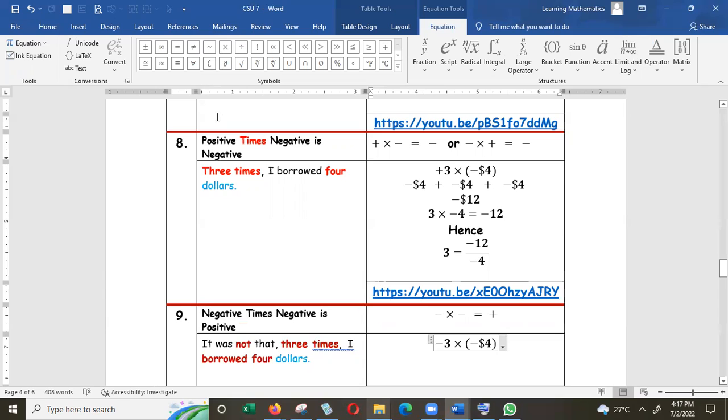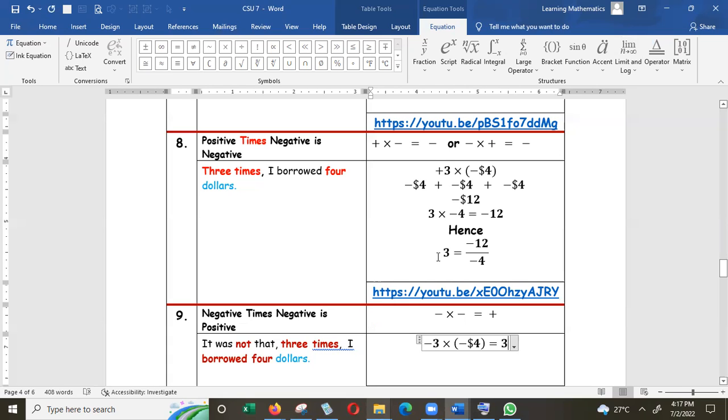Okay. So if you did not borrow $4 3 times, you must have received. That's the opposite effect. Agreed? So not borrowing $4 3 times is like receiving the opposite effect. Like you're opposing, you did not borrow $4 3 times.